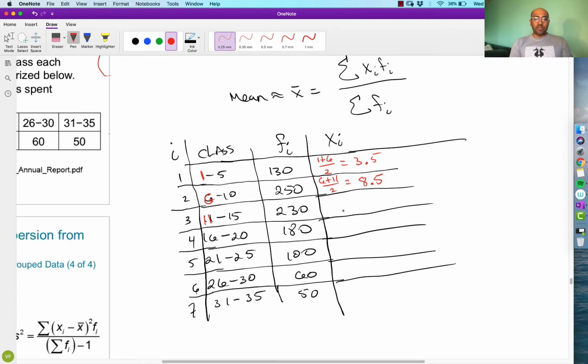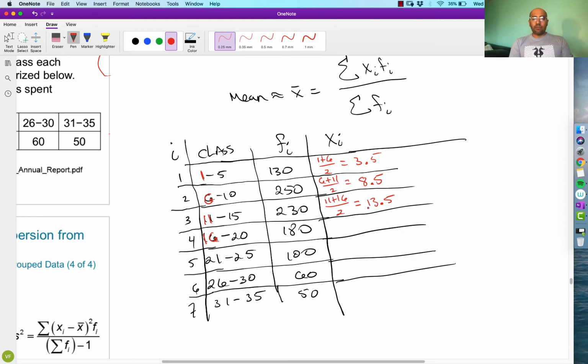Good, and so we continue. Let's do one more, and then we start to see a pattern. 11 and 16. Okay, we add 11 plus 16, divide that by 2, and we get 27. 27 divided by 2 is 13.5.